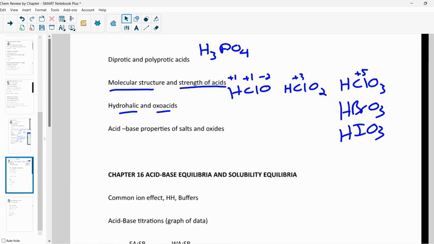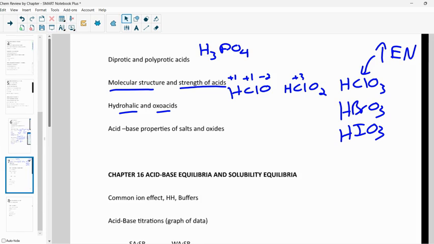All right. Here, now instead of changing the oxidation number of the central atom, now I'm changing the central atom. What do I care about here? Whatever central atom has the highest electronegativity, that's going to make for a stronger acid. So here, HClO3 would be stronger than these ones because chlorine is more electronegative than bromine or iodine.